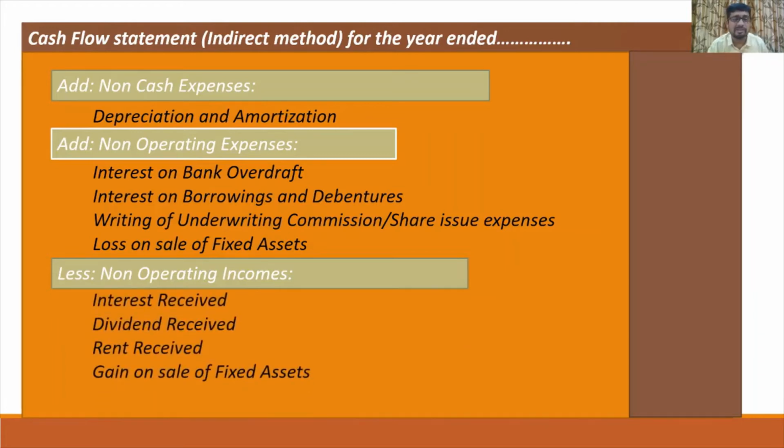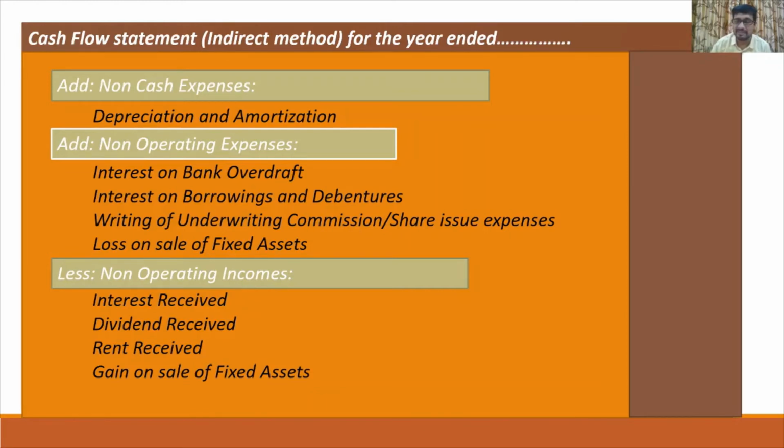Like interest received. Interest received on investment other than trade investment. If this type of interest is received, then it is non-operating income. Dividend received: if the company has invested in shares of any other company and then dividend is received, then it is other income. That is non-operating income.